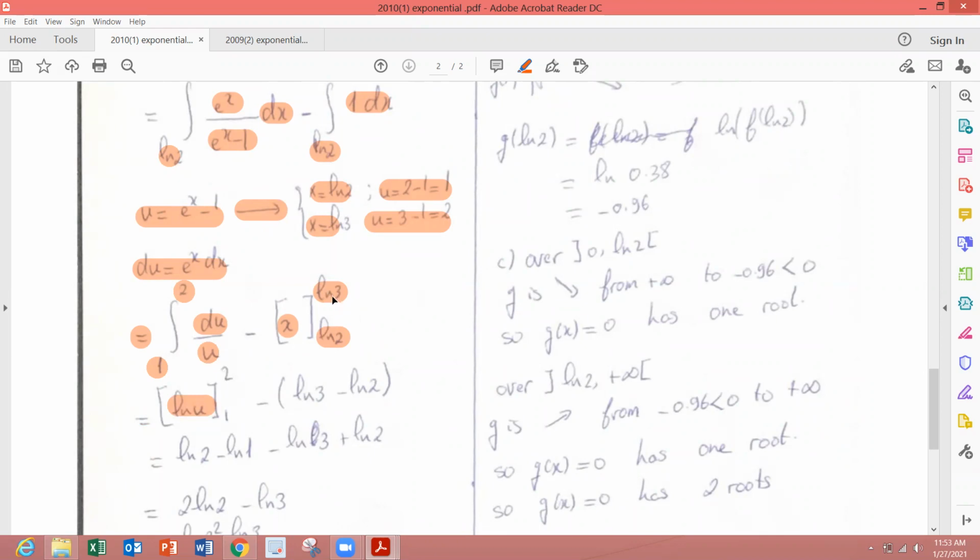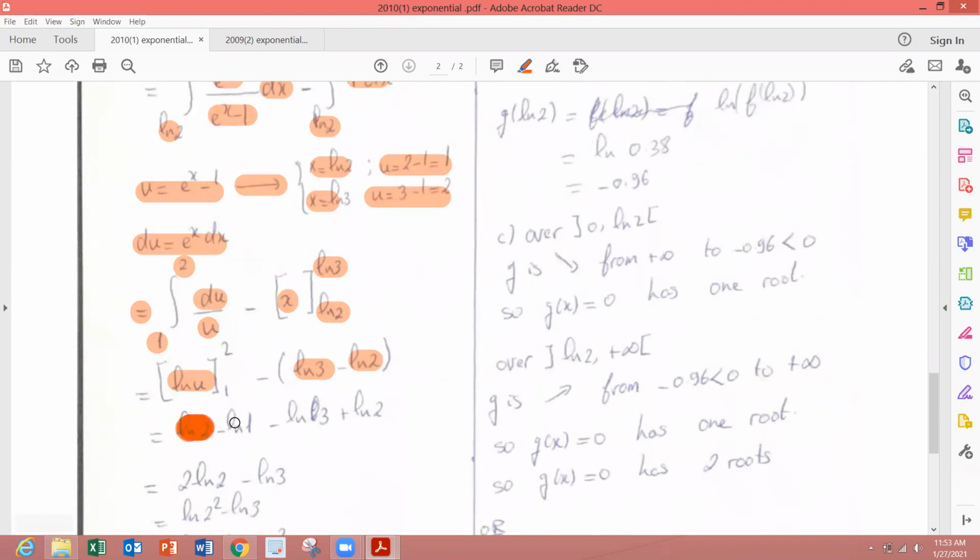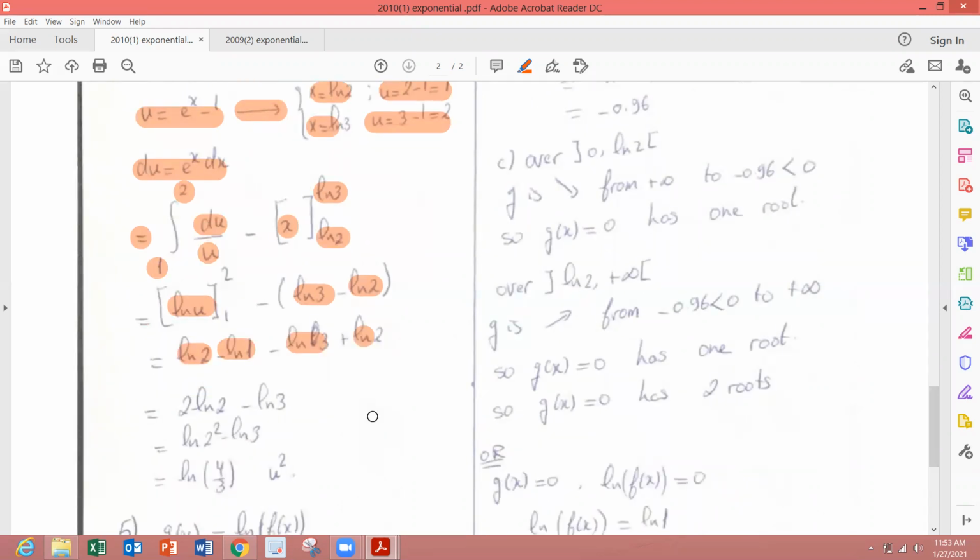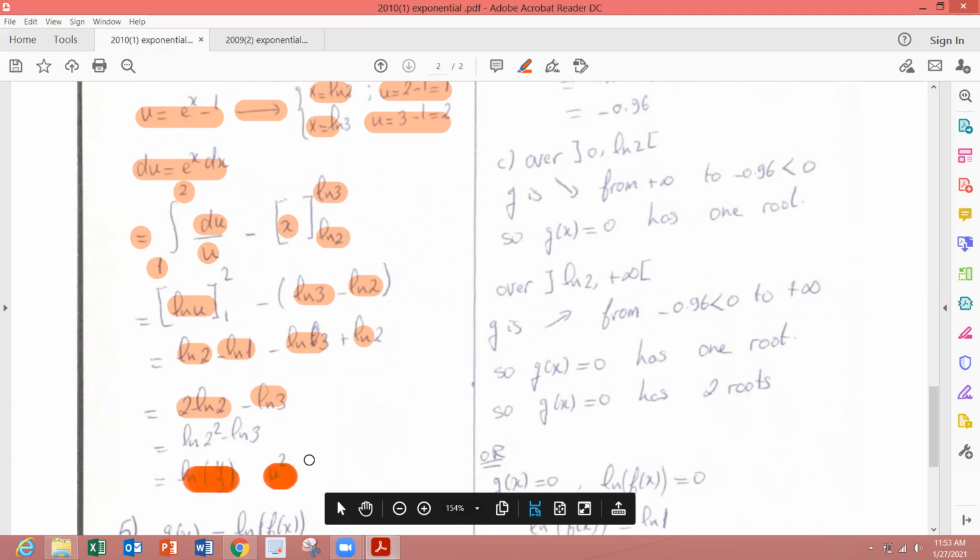Here we replace x by ln 3 and ln 2, so it will be ln 2 minus ln 1 minus ln 3 plus ln 2. ln 1 is 0. We get 2 ln 2 minus ln 3. We can leave it like that and find the answer using the calculator, or I can put it as ln(4/3) units squared.